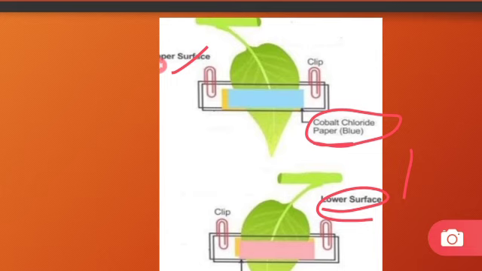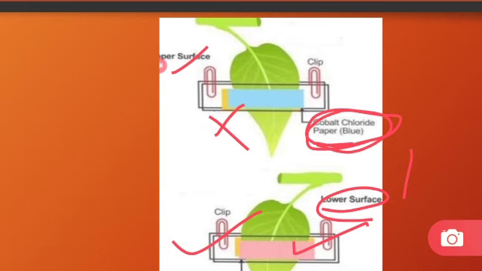We'll observe that the upper surface, where the cobalt chloride paper was placed, will not show any color change, or if it does, it takes more time for the color to turn. And when the paper is placed on the lower surface of the leaf, there will be an immediate change in the color of the cobalt chloride paper.